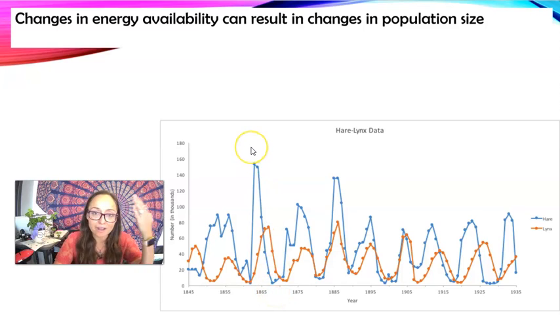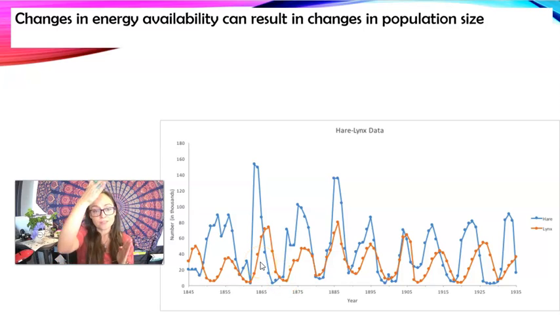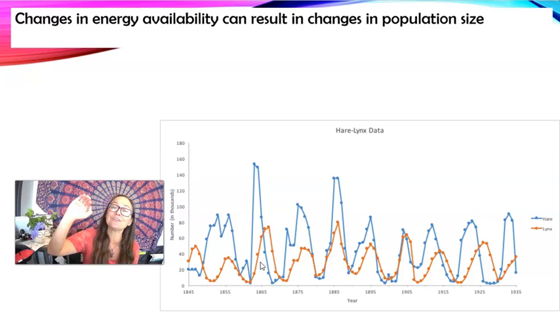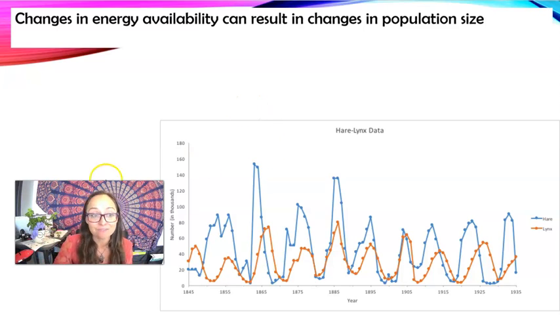So if the hare or the rabbit population decreases, it follows that the lynx are going to start to starve and not have a lot of food, so their population size declines. So that is why you see a little bit of a lag time, a little bit later, that orange line around 1868 or so starts to decline. Now, once the lynx population goes down, the prey population increases. That will be followed by an increase in the predator because now they have energy available to them.